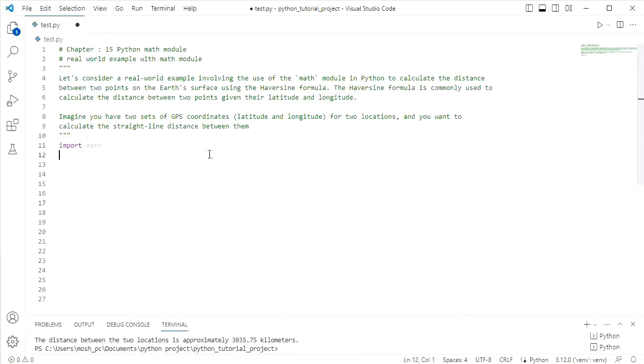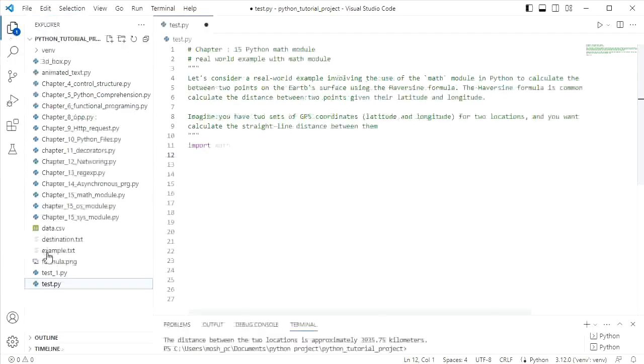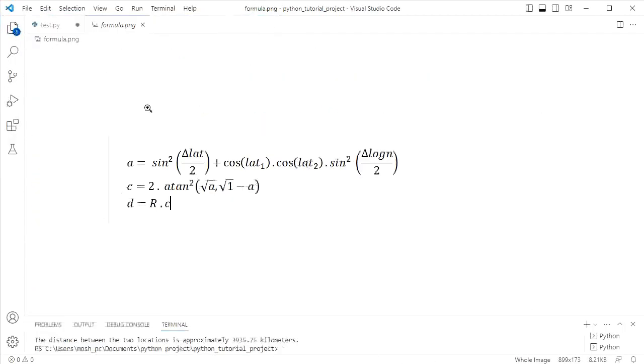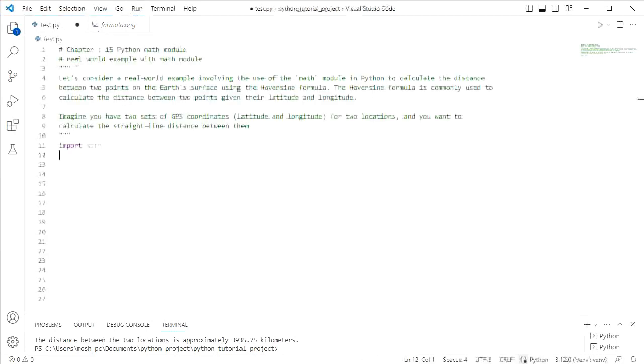Alright, let's see the formula once. As you can see here, this is the formula. Let's solve the problem.